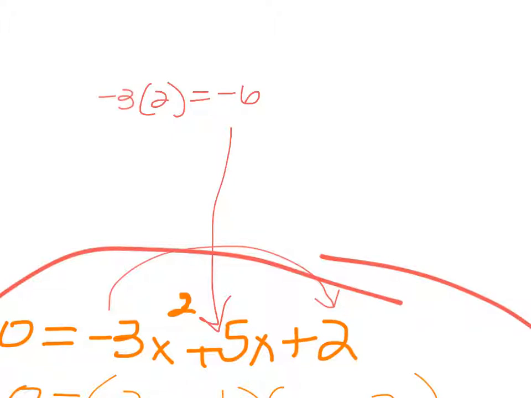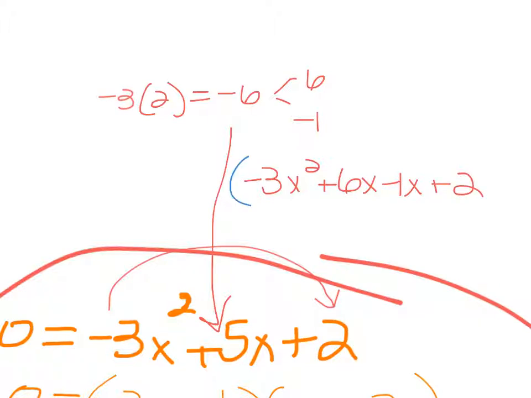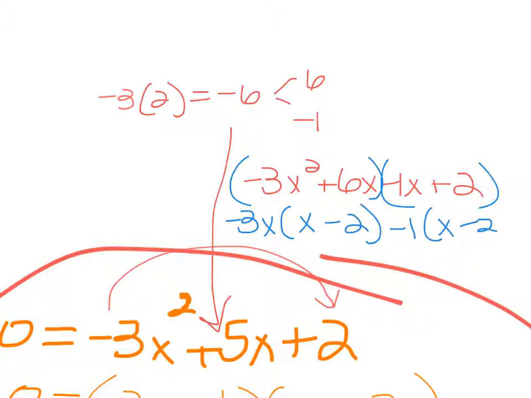Negative 6, positive 5. Well, it's got to be a positive 5, so it'd be positive 6 and negative 1, right? And then you replace your middle term with those two terms: positive 6x and negative 1x plus 2. Then you can group these and factor by grouping. Take out a negative 3x, and I'd get x minus 2. Take out a negative 1, and I'd get x minus 2.